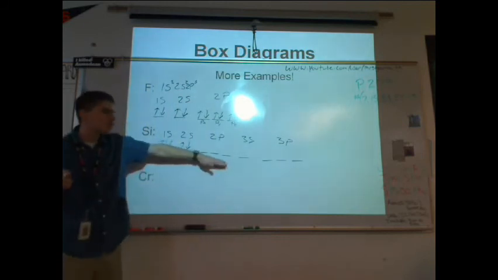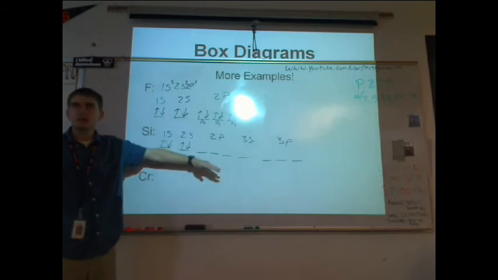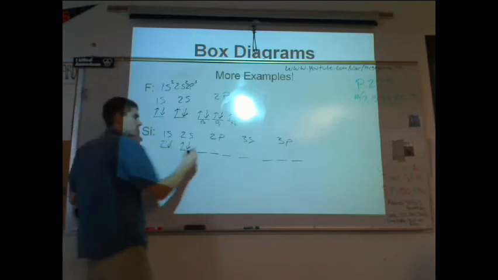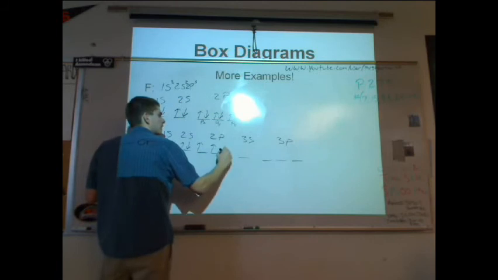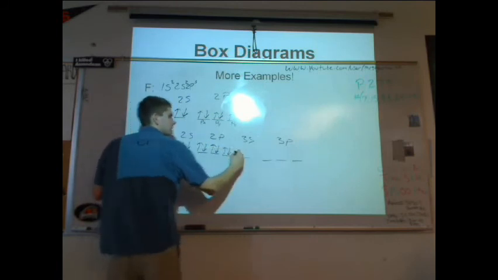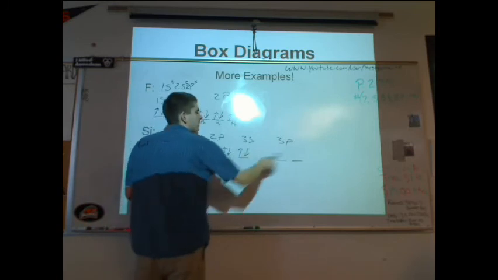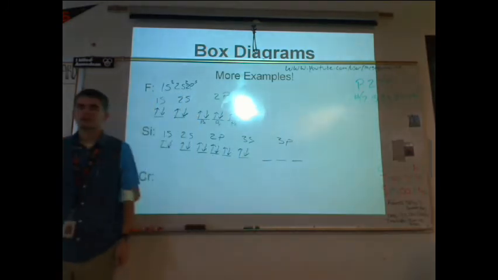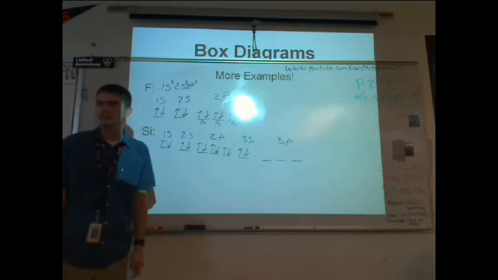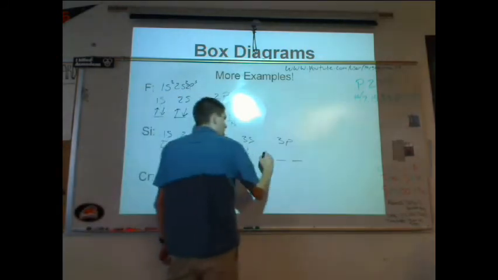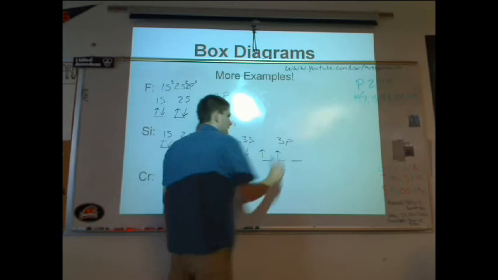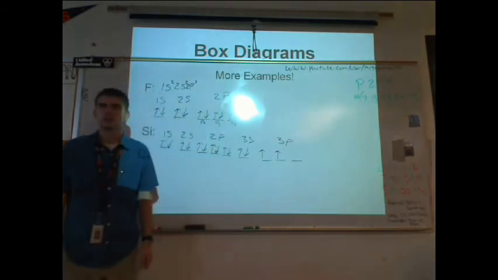Now, even though you know you're going to fill this one completely up, it's just a good habit to get into to put them all up first and then start going down. It's just a good habit. And then up, and then down. And now, how many lines am I going to get in that box for silicon? 2.